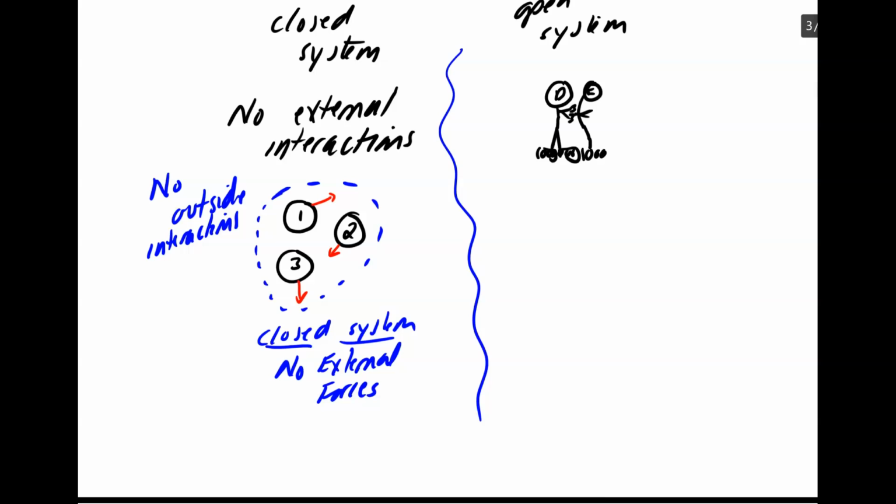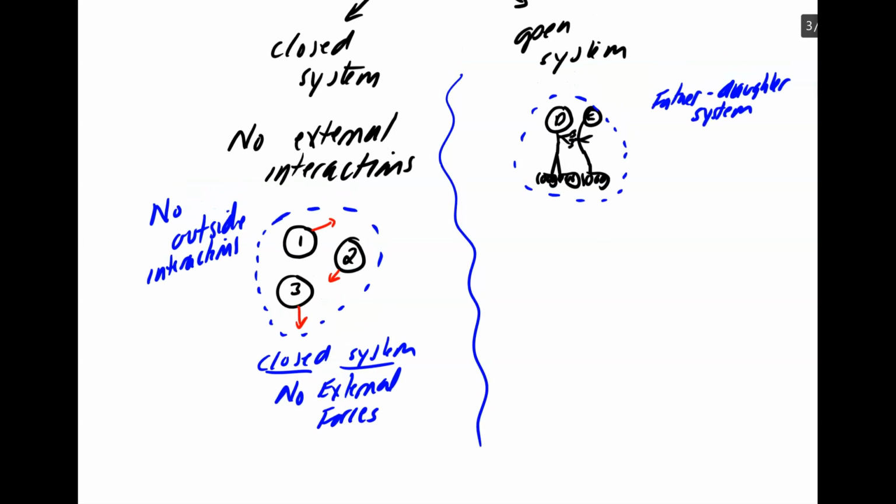Hey, I'm not going to redo this. We're going to think about them not as individual objects, but as a system. So this is the father-daughter system. Now, is this an open system or a closed system?